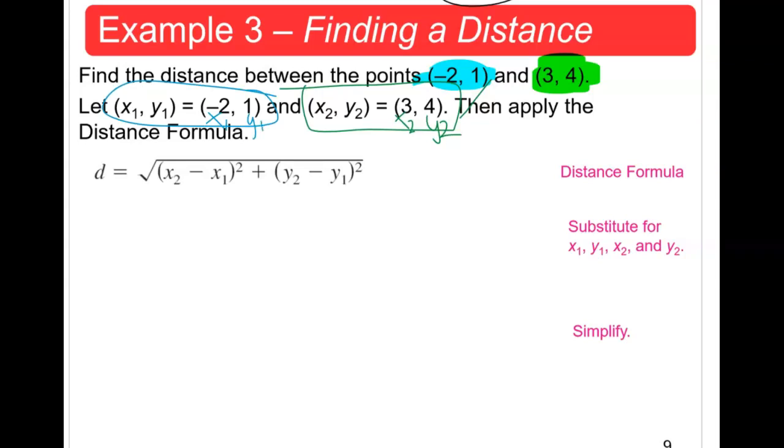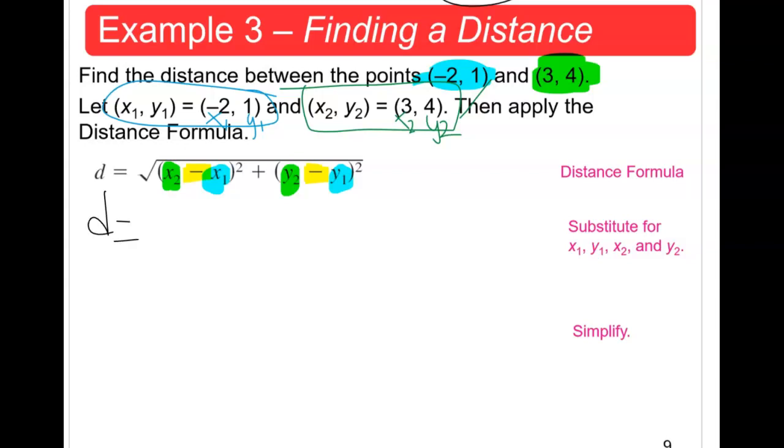So we're going to go ahead and substitute our values into the distance formula. Remember, we're looking for the distance between the horizontal coordinates, so we have to subtract. That is part of the formula.